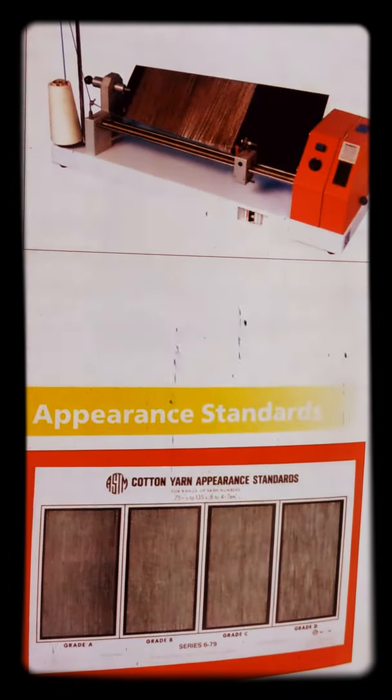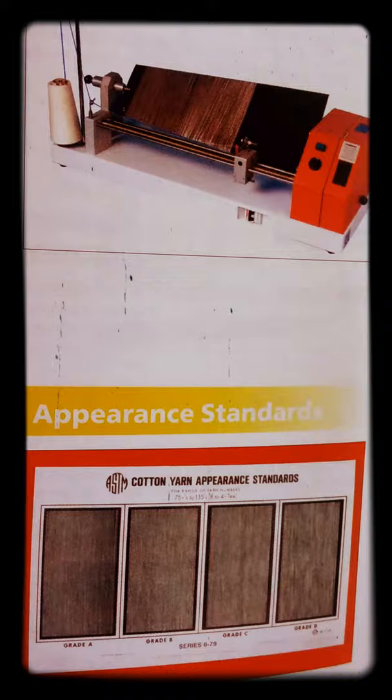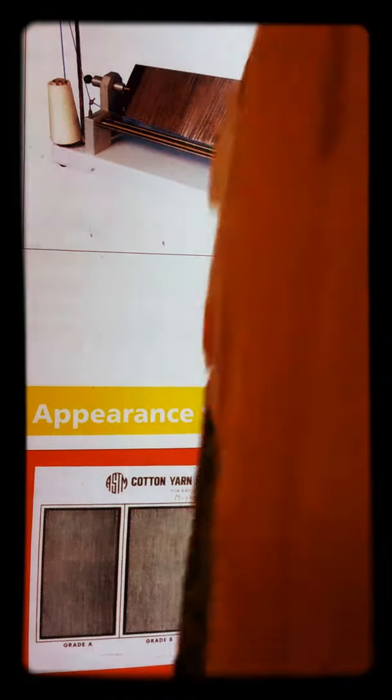Now grade D yarn, if we say, then grade D yarns may have some slubs that are more than 3 times the average diameter of the yarn.